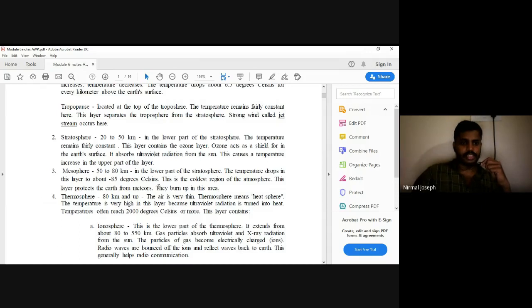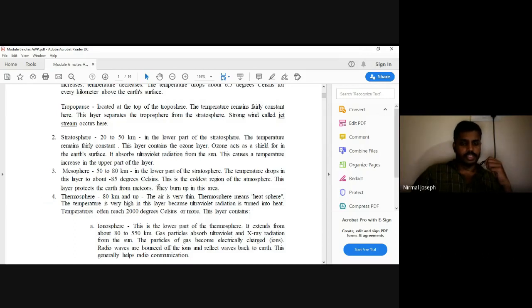Okay, next it is the mesosphere. It is from 50 kilometers to 80 kilometers. The temperature drops in this layer to about minus 85 degrees Celsius. In this region, there is no gradual drop of temperature, but it drops up to minus 85 degrees Celsius. This is the coldest region of the atmosphere. This layer protects the earth from meteors.